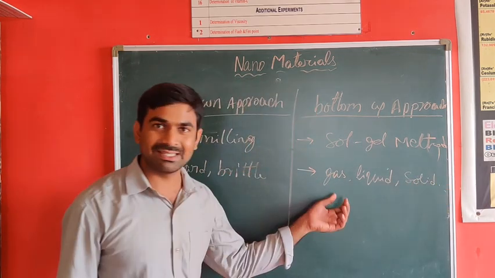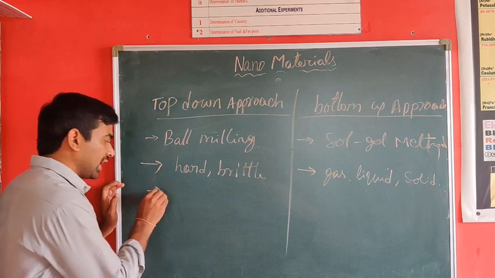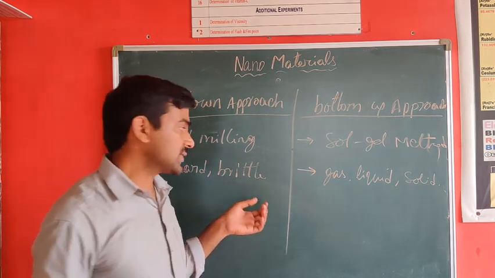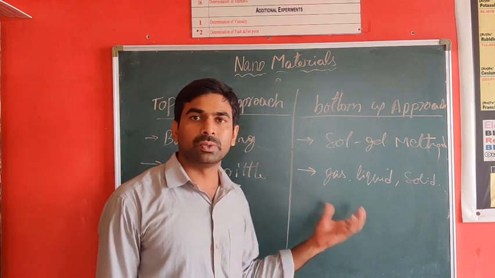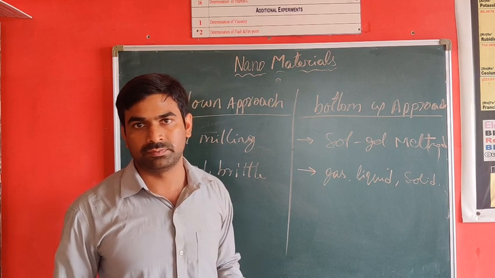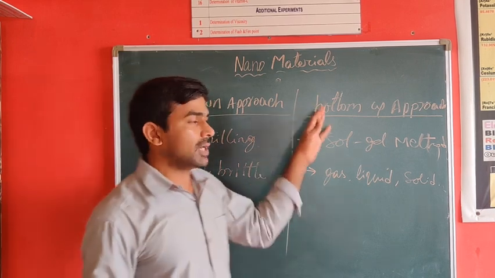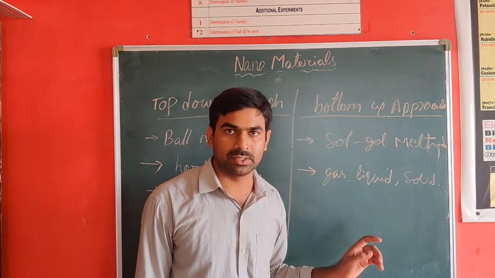In the top-down approach, there is more contamination of the nanoparticles from the milling tools as well as the surrounding atmosphere. In the bottom-up approach, there is less contamination of the nanoparticles.